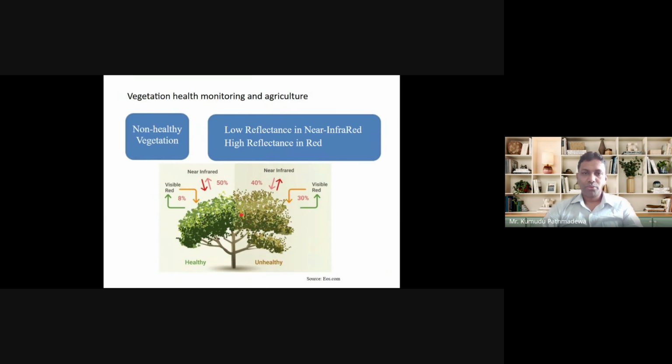So you can clearly get the idea that by using multispectral remote sensing images, you can tell how healthy or unhealthy the vegetation is. We can get that information from these multispectral images.